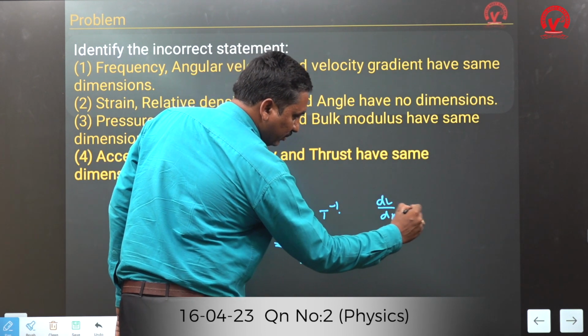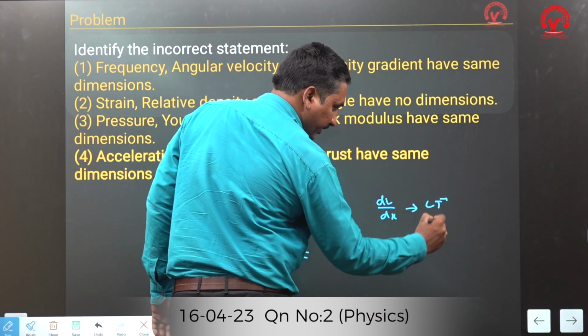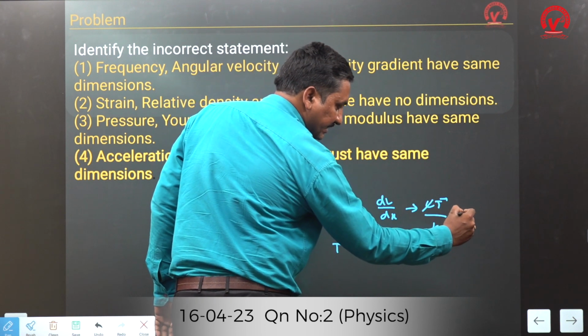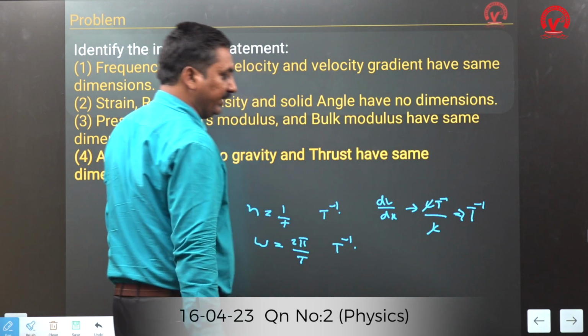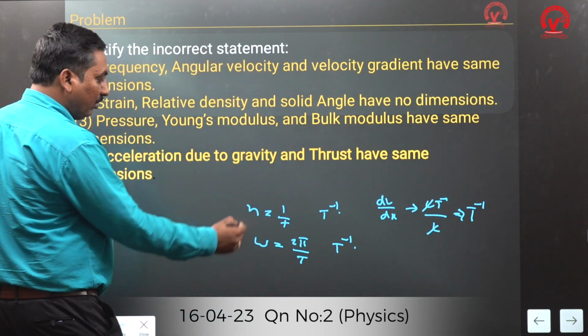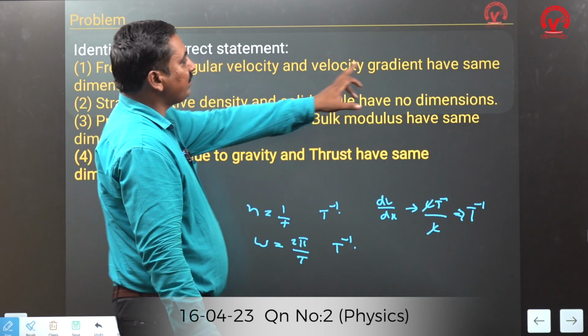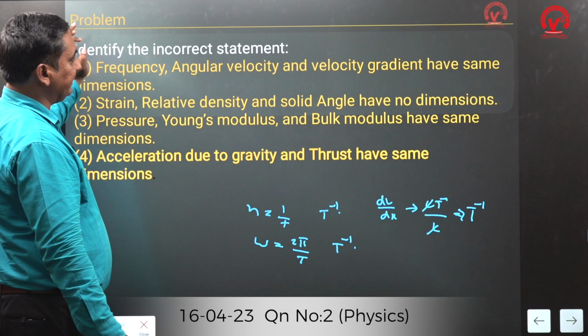So here also we have L T power minus 1 and L. So L gets cancelled. This also has the same dimensional formula, that is T power minus 1. So frequency, angular velocity and velocity gradient all have the same dimensional formula. So this is the correct option.